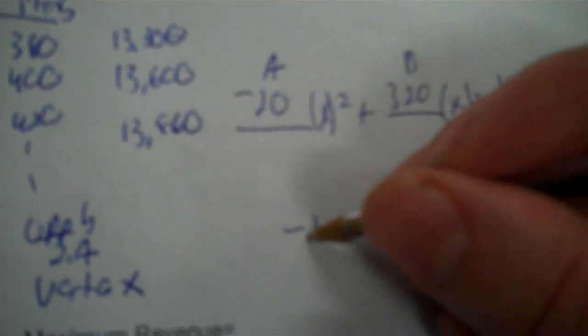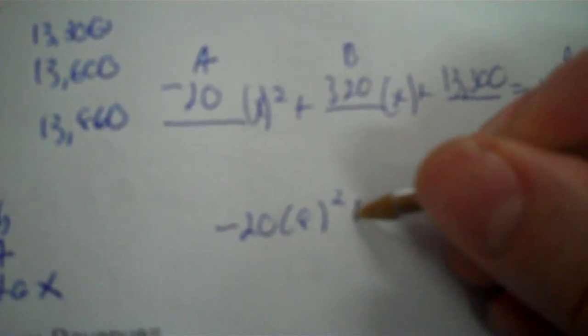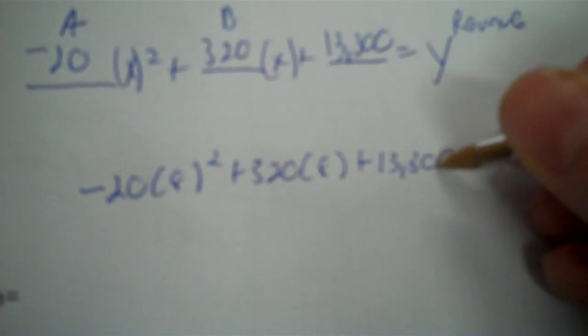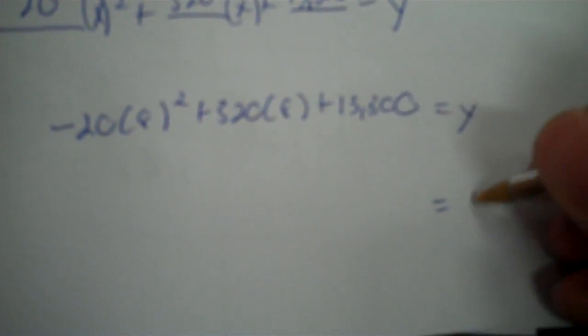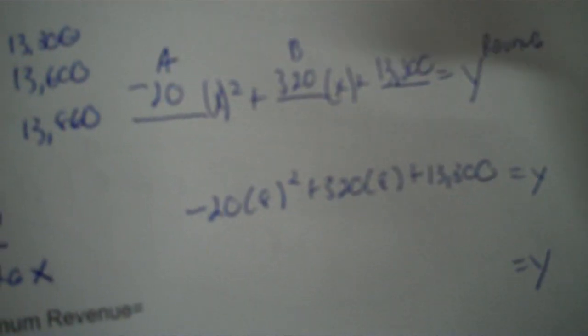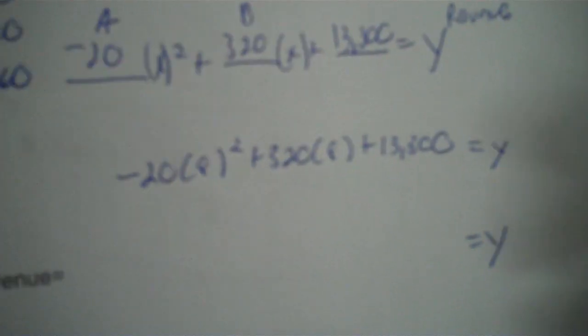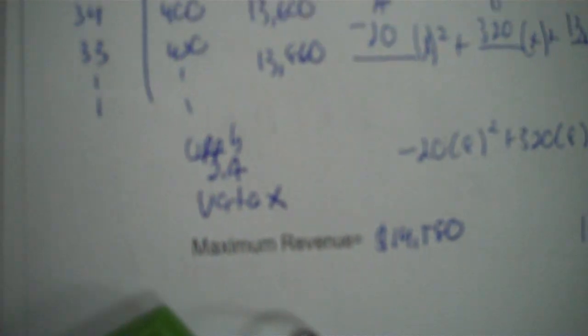Okay, so negative 20 times 8 to the second plus 320 times 8 plus 13,300 equals y. $14,580. Okay, so $14,580 is your maximum revenue.